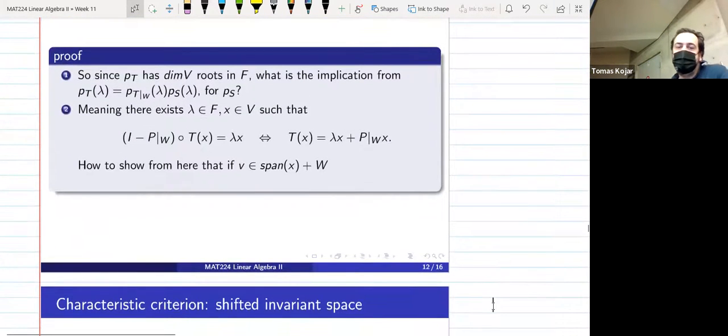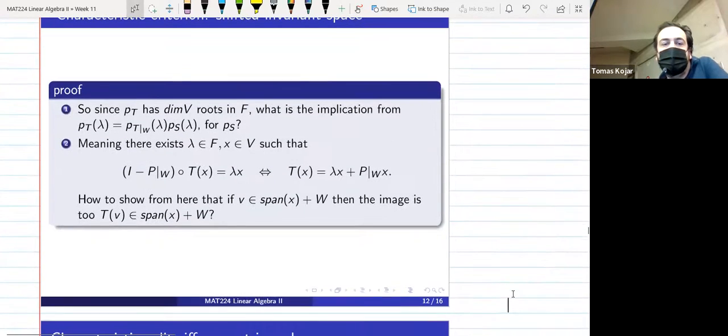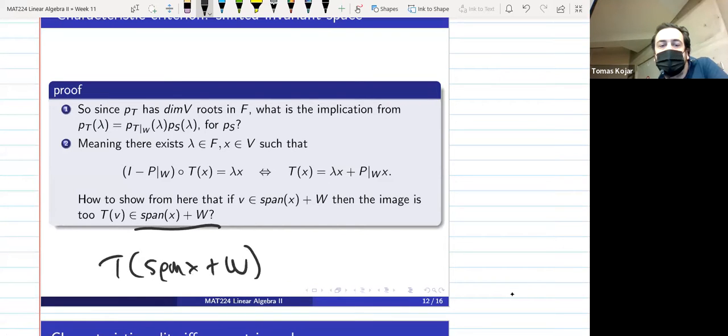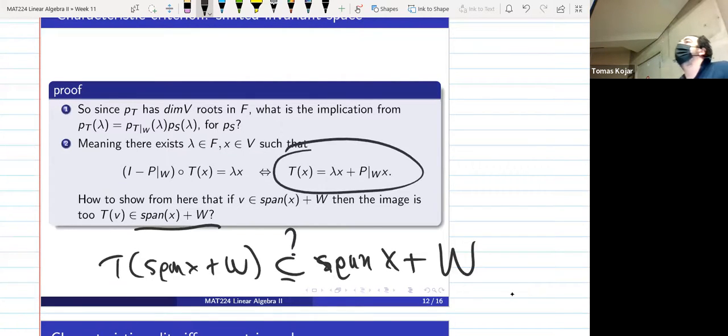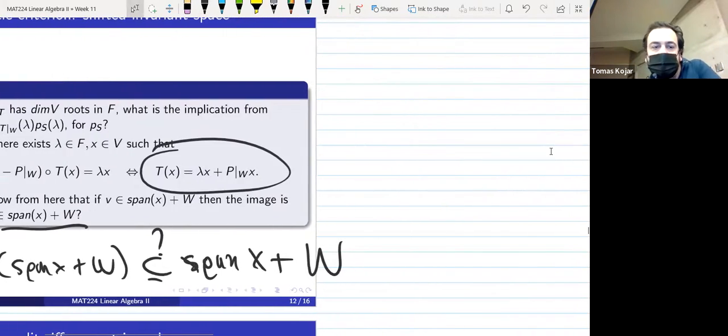So how to show from here that if you take v in the span of these two, you have that T of v is also in the span? So how do you show that? Based on this. Yeah, okay, because we're all over time, I'll do it.